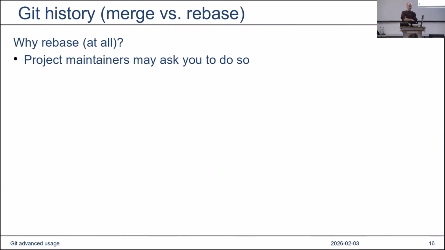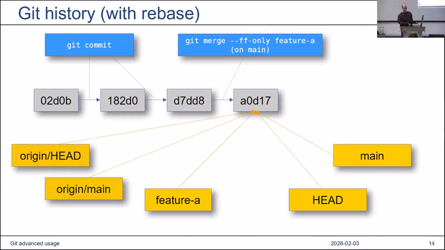Another thing is, of course, when you want to create a pull request on GitHub, GitHub may tell the project maintainer, oh, there's a merge conflict, and whoever created this pull request has to resolve these conflicts. There are two ways of resolving them. First, let's go back to this example here.